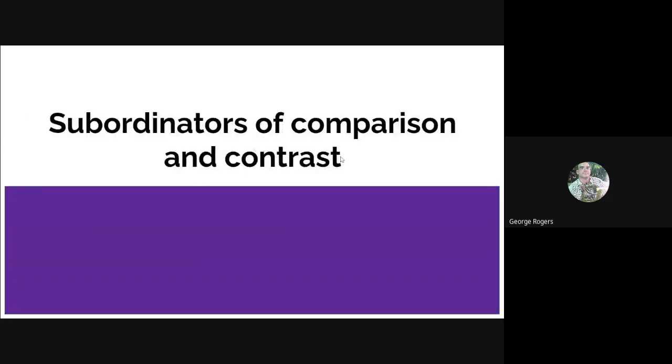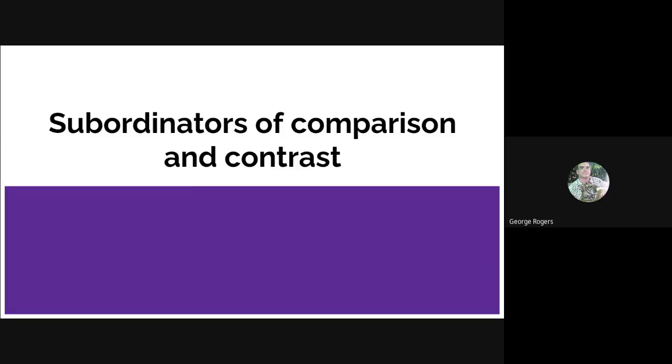Next slide. All right. So now we're going to look at subordinators and again, comparison and contrast. One of the things to remember about transitions: you can keep them as two sentences and put the transition in front of the second sentence, always followed by a comma.